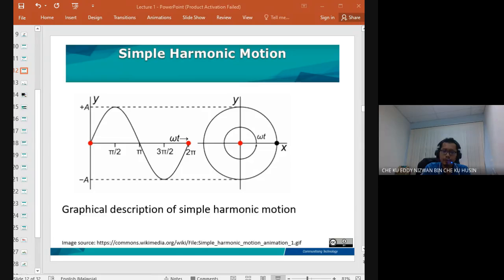One complete oscillation is equivalent to 2 pi radians, or 360 degrees. So this is how we can represent simple harmonic motion. By naked eye, we just see the motion go up and down, but it's actually something like this, which can be represented as a sinusoidal wave.